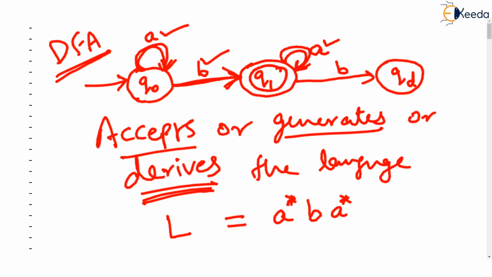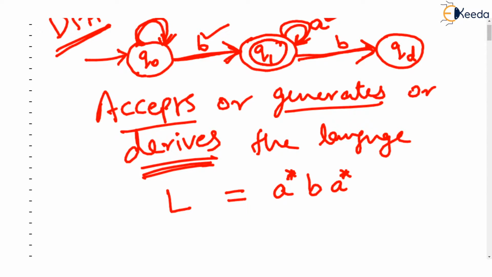But after this loop, if there is another B, the string should be rejected. So this is what a DFA does. You input a string and the DFA either accepts it or rejects it, and all such strings accepted by a DFA form the language.